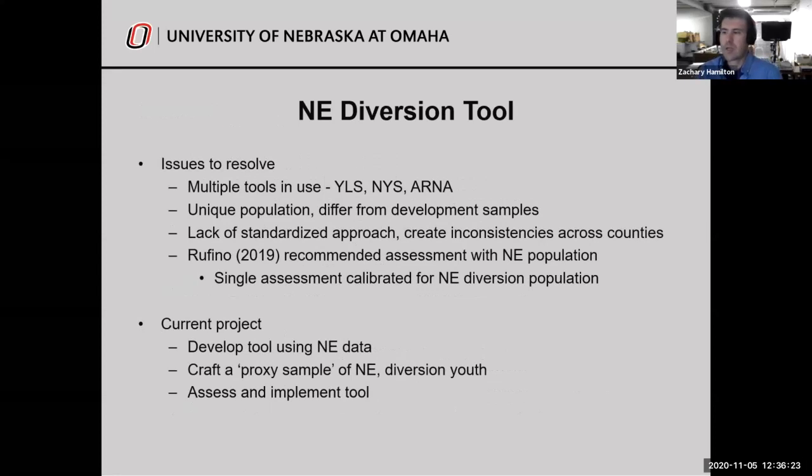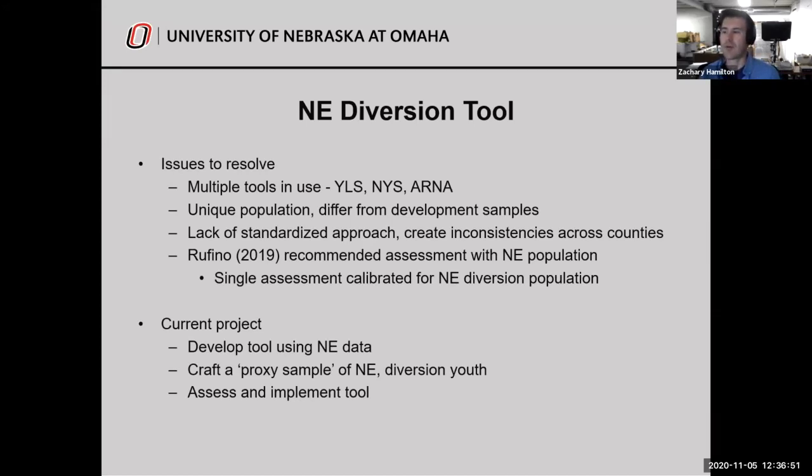And so what we're working towards now is to create a Nebraska diversion tool. And a lot of the issues that we wanted to resolve were those that were discussed earlier, and that there's multiple tools, the YLS, the NYS, and the Arizona Risk Needs Assessment, that create inconsistent uses, and it really creates a difficulty in terms of identifying what low risk with one tool means versus low risk with another tool.